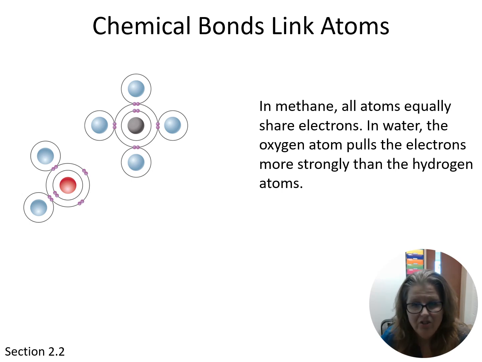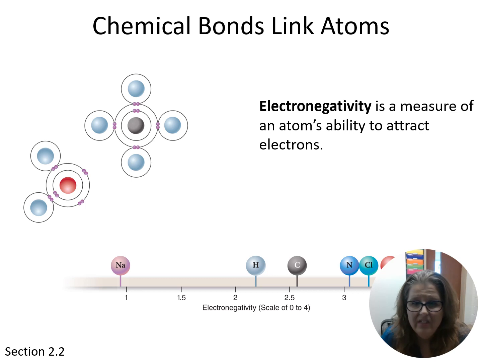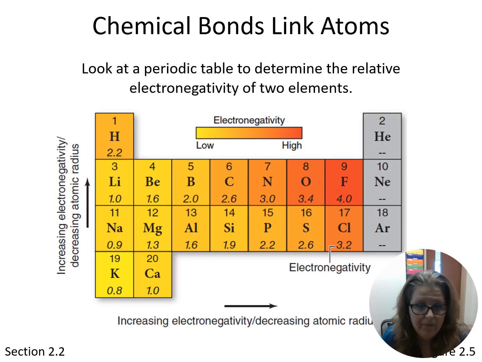Again, in water, the oxygen pulls the electrons more strongly than the hydrogen atoms. This is where we talk about electronegativity, the ability of an atom to attract electrons. Let's get into that a little bit. On this side, there's increasing electronegativity but decreasing atomic radius. So this has a smaller radius.